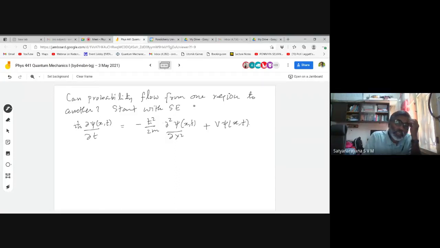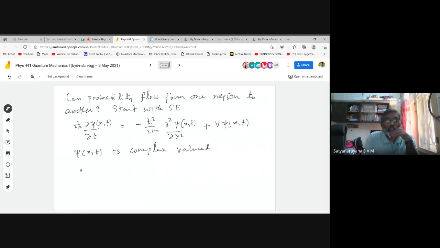Now note that psi is a complex valued function. Psi of x, t is complex valued. So I can actually take the complex conjugate of this wave function.